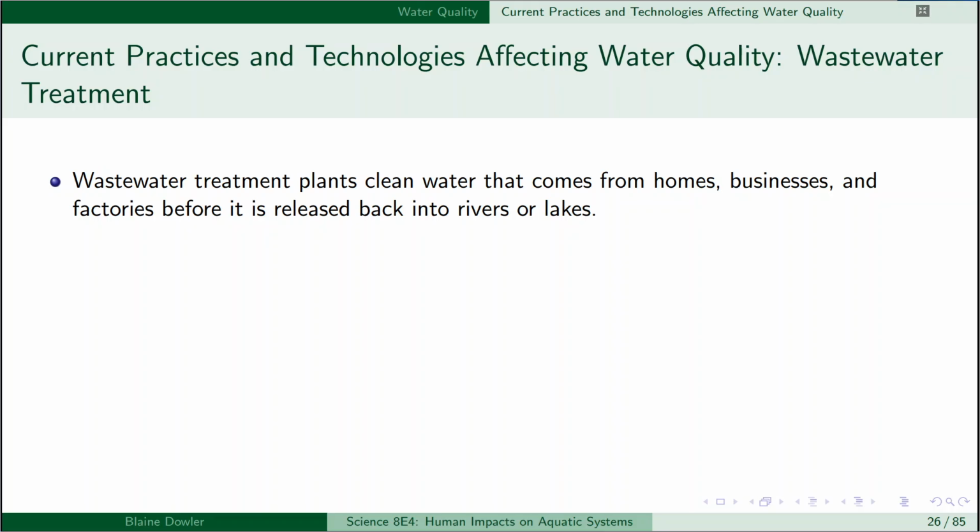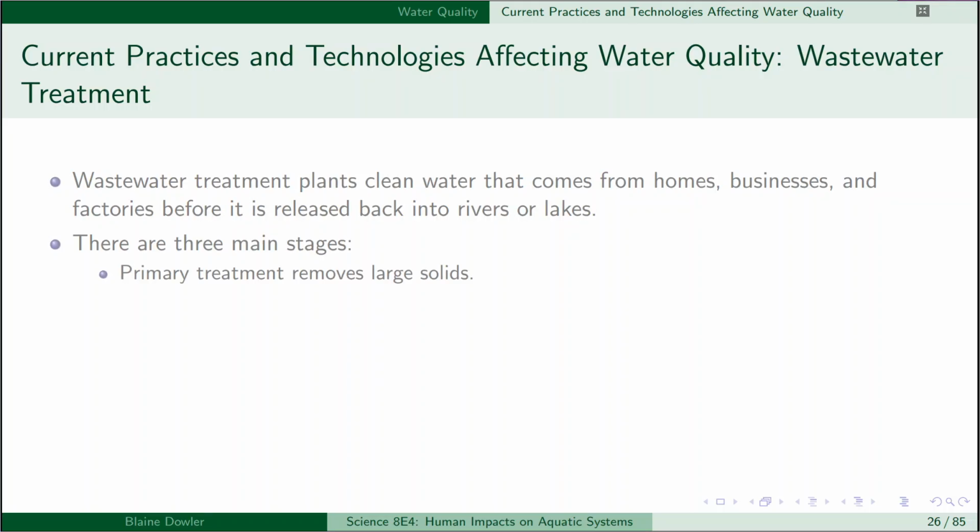Wastewater treatment. Wastewater treatment plants clean water that comes from homes, businesses, and factories before it is released back into rivers or lakes. There are three main stages. Primary treatment removes large solids. Secondary treatment uses bacteria to break down organic matter.